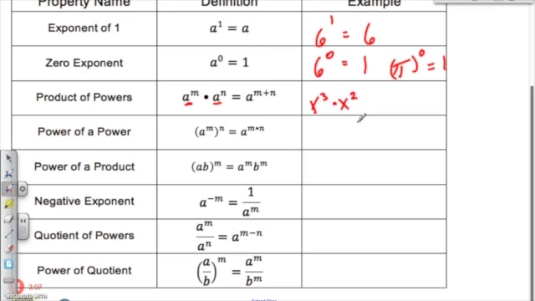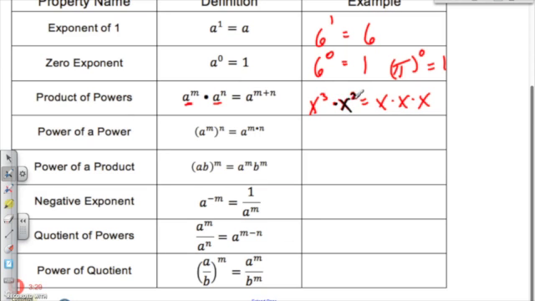the 2nd power. Well, for me to show you why this property works the way it does, I'm going to expand these as I did earlier in the problem. So x to the 3rd power, if I expand that, that's x times x times x. I'm going to switch over to another color so you can see where I switch to my x squared.